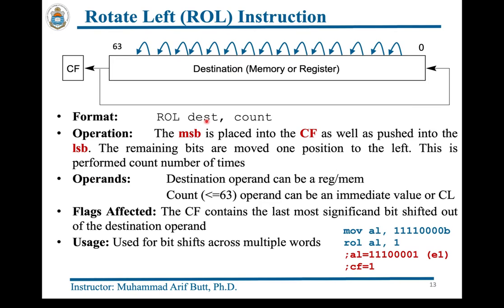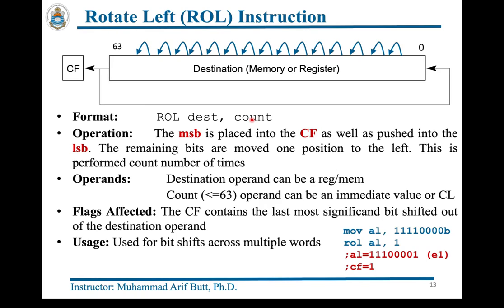It is also a 2-operand instruction. The first operand is the destination operand and can be a register or a memory location. The second operand is the number of times we want to perform the rotate operation, which again for x86-64 can be a 6-bit value, that is a maximum of 63.